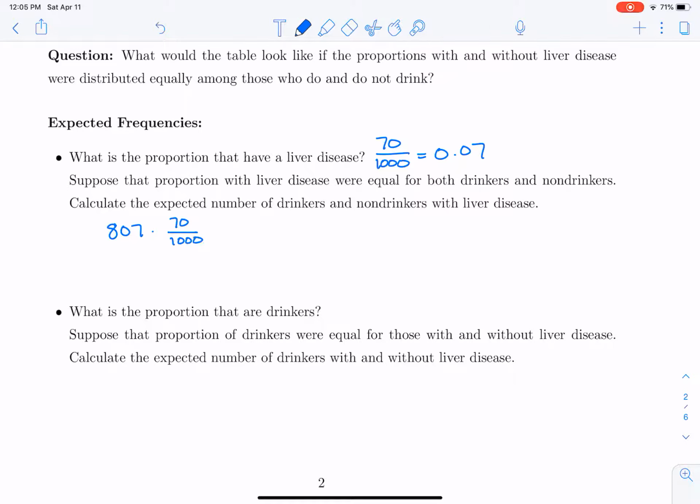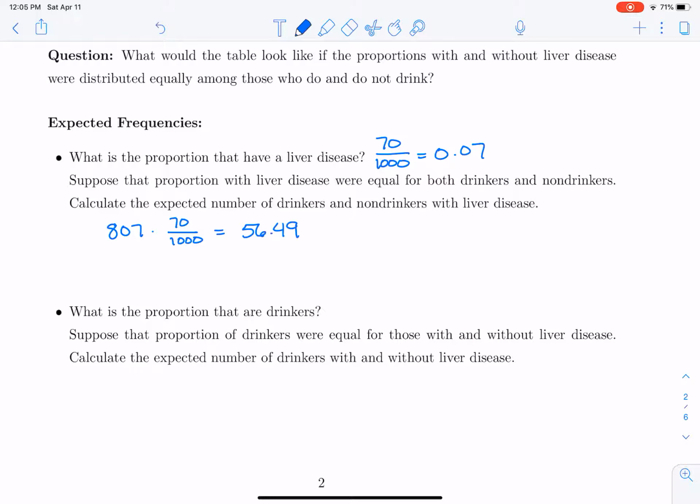That's the probability of having liver disease. That gives us an expected frequency of 56.49.